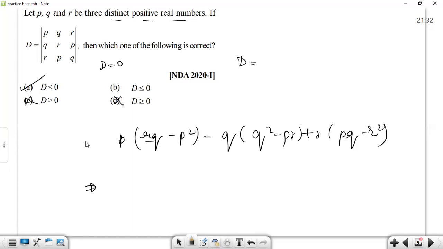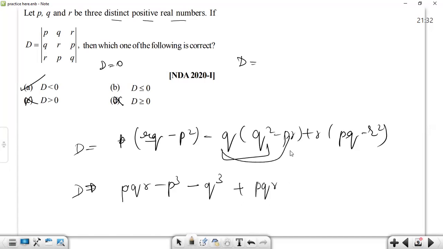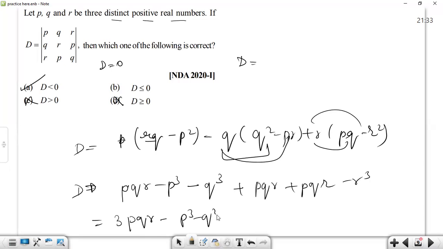So this has become D. PQR minus P cube, minus Q cube plus PQR, plus PQR, that is also plus PQR, that becomes minus R cube. So basically this is 3PQR minus P cube minus Q cube minus R cube.